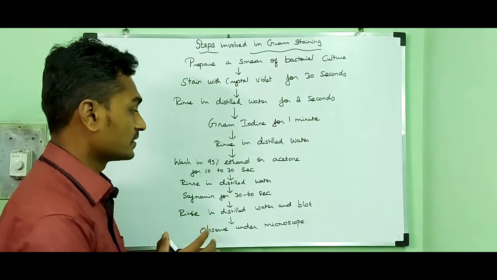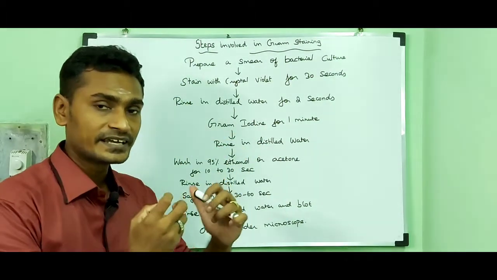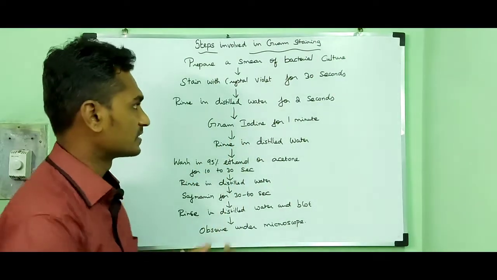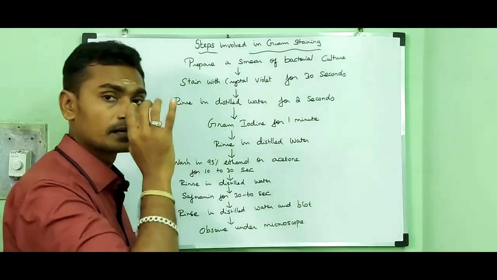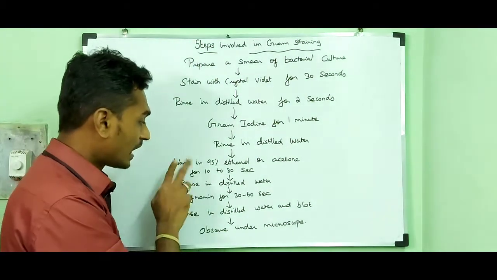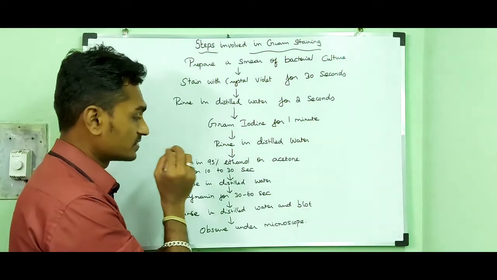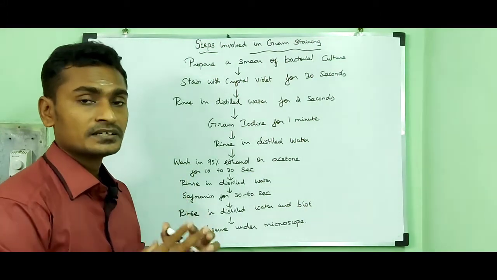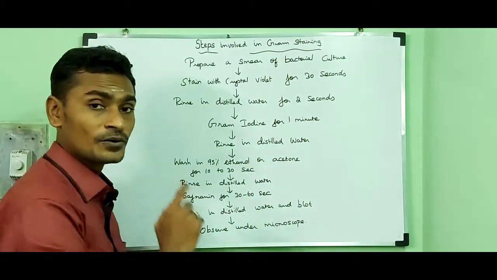If it is gram positive bacteria, it retains the crystal violet color. After the treatment of 95% ethanol or acetone, the bacterial cell wall retains the crystal violet.